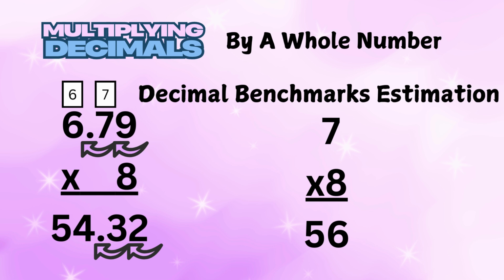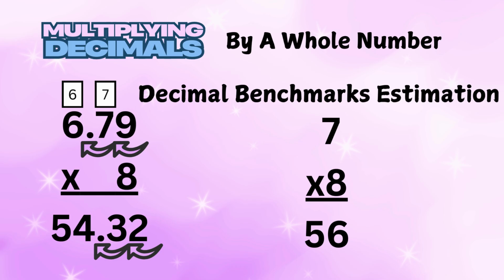For the number 6.79, I want to round it to the nearest whole number using decimal benchmarks. So I would look at the number in the tenths position, which is a 7. That 7 is 5 or greater, so I could round the whole number 6 up to the number 7. Then I would be left with 7 times 8 to have an estimate of 56.